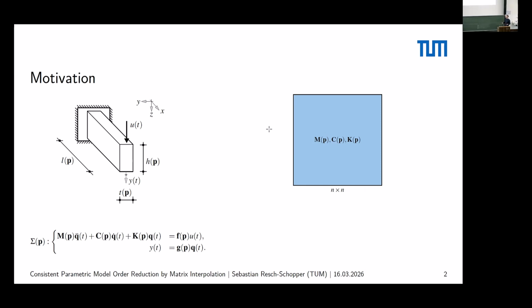And then for an efficient analysis in some multi-query context, such as an optimization, we don't want to do this projection every time we want to evaluate a new parameter point. Instead, we would like to have reduced matrices that also know about these parametric dependencies so that we can really efficiently evaluate them. So this will be the main goal of this talk: to find an approach that enables us to have these reduced matrices knowing about the parameter and allowing an efficient solution of the problem.